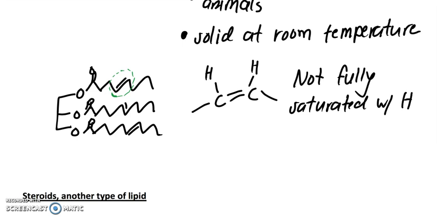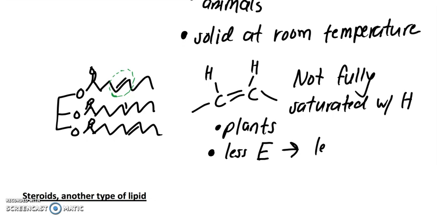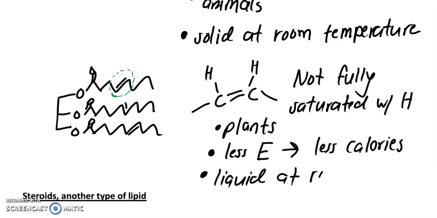That's why we call these unsaturated fats. And we can find these in plants. These also contain less energy than saturated fats, which translates to fewer calories. And then lastly, you can find these as liquids. They're in a liquid form at room temperature. So if you think of sunflower oil, corn oil, those are unsaturated fats.